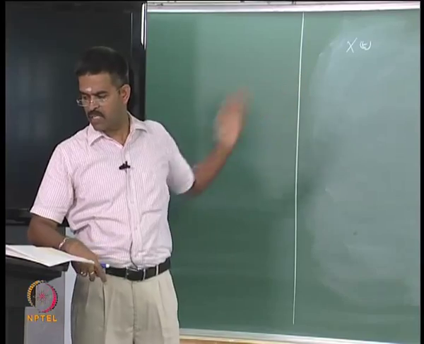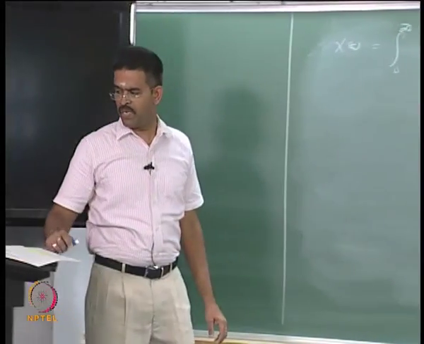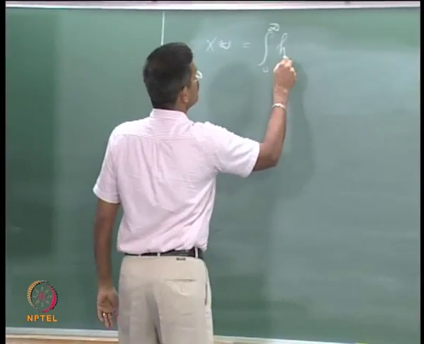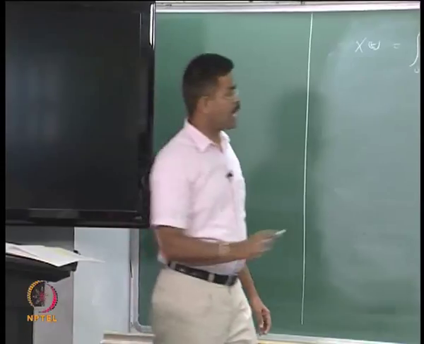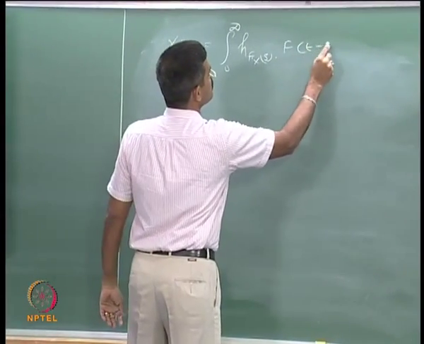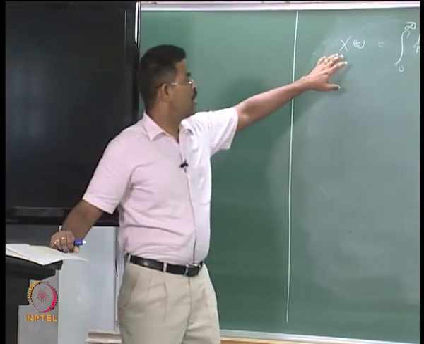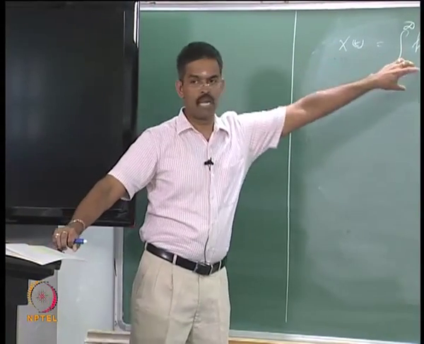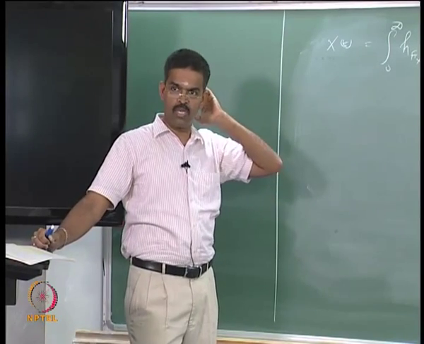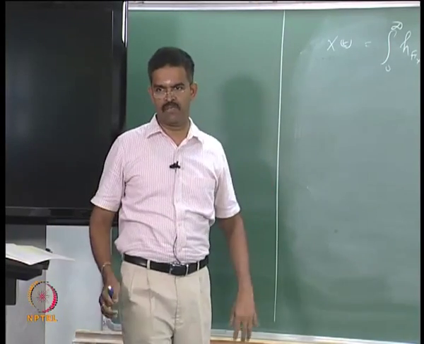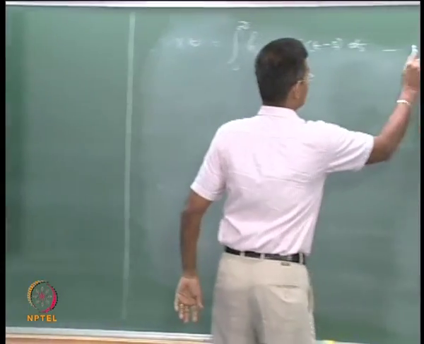I can establish the X of t as also similar to 0 to infinity h_fx(s) with capital F of t minus s ds. These are all nothing but the space of X and capital F. Equation 1 was giving you only the realized values within this space. So I can call this equation number 2.